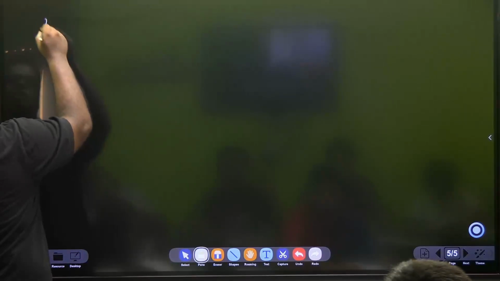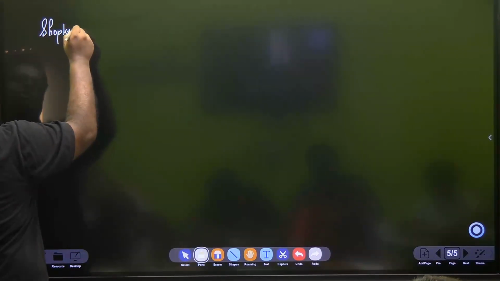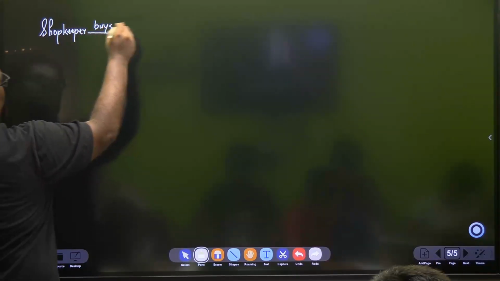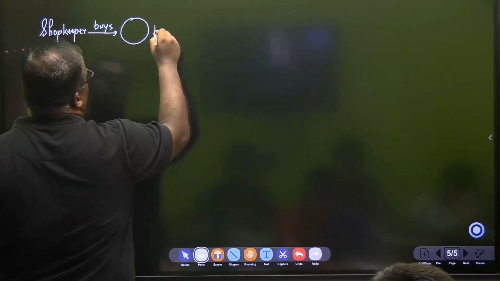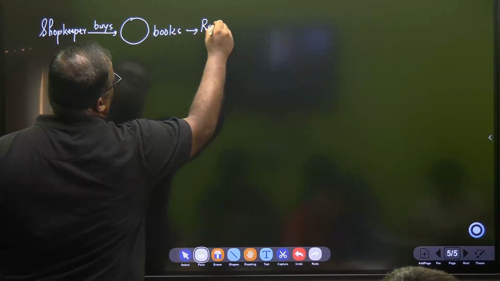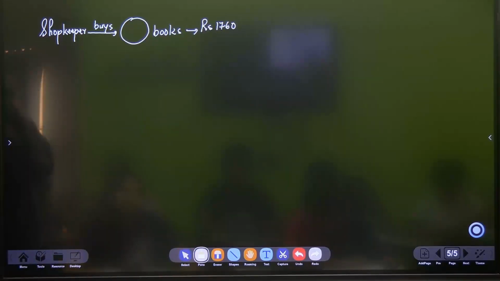Come on, no problem. There is a shopkeeper. Let's see first whether you have noted everything or not. The shopkeeper buys some number of books. How much does he shell out? Rupees? Tell me. 1760. Right? We have to finally find out this number of books only.